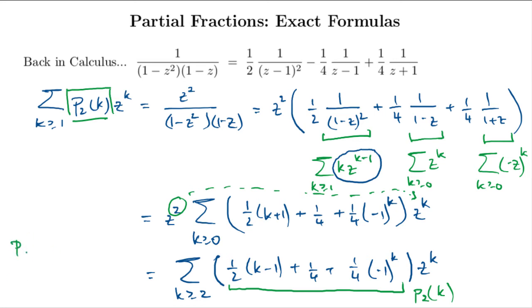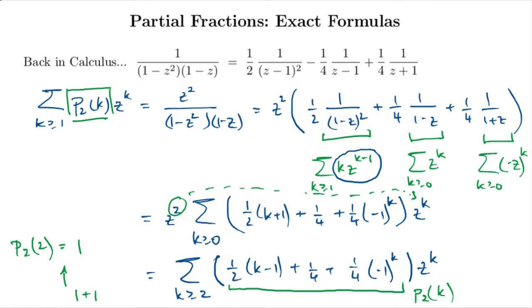So let's see what happens for k equals 2, which is the first value here. So for k equals 2, we see 1/2 times 1 plus a quarter plus another quarter, so that's 1. And indeed, if we want to have a partition of 2 into 2 parts, there's only one way to do that, namely we have 1 plus 1.